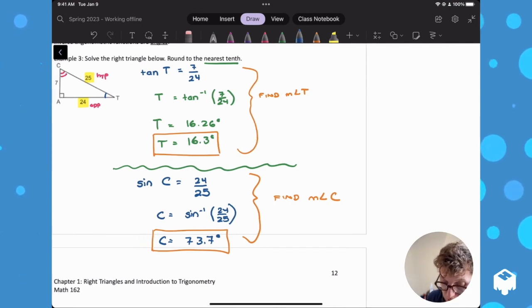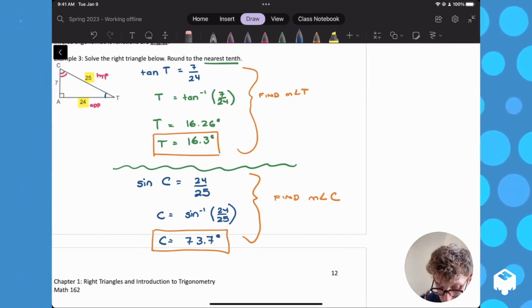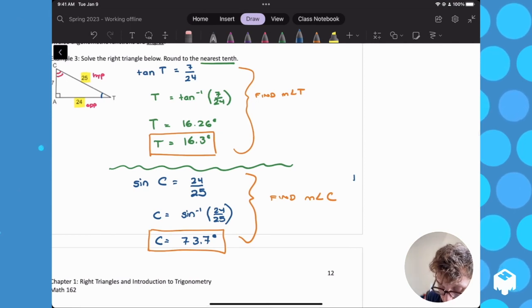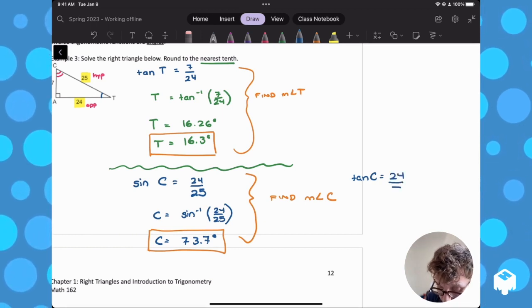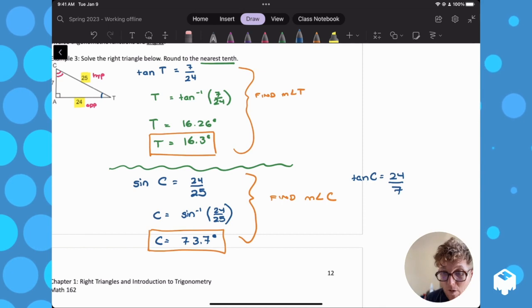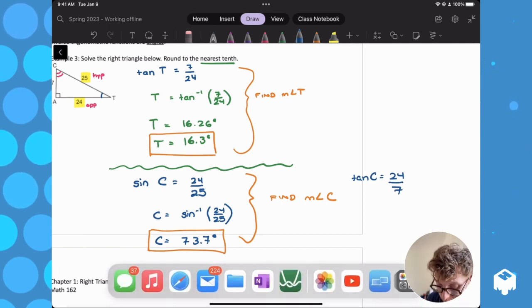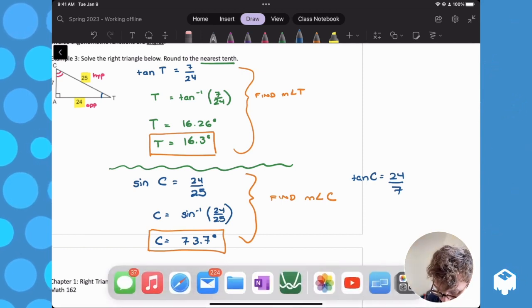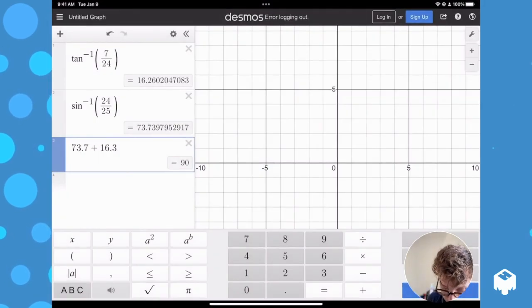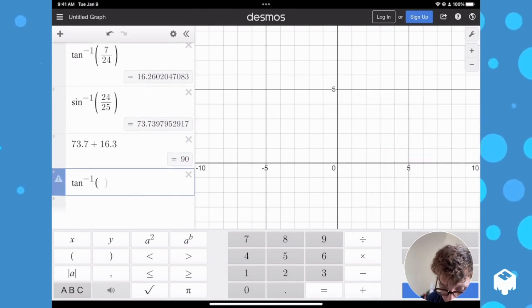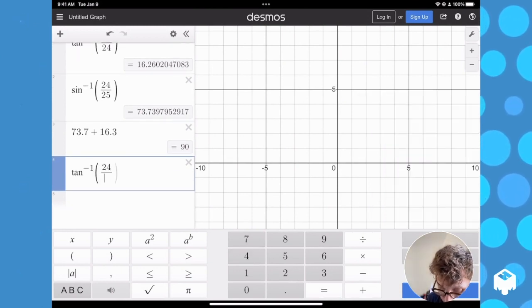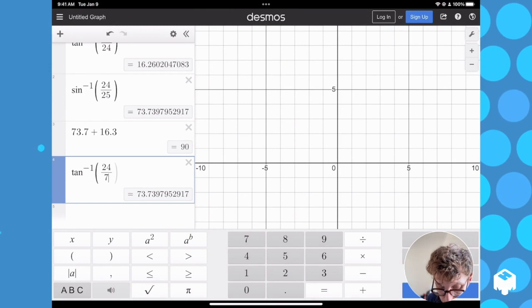Now, these aren't my only option. There were other options. If you're wondering how I knew to use tangent, I could have also used tangent of angle C equals opposite over adjacent, so 24 over 7. I could use that, and I would have gotten the same answer. If I find the inverse tangent of 24 over 7, I get the same answer, 73.7 degrees.